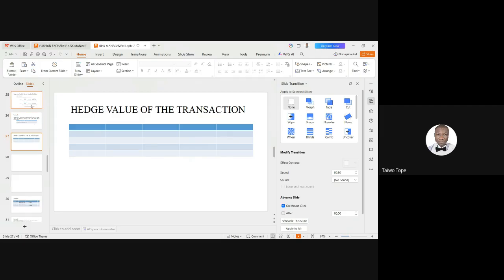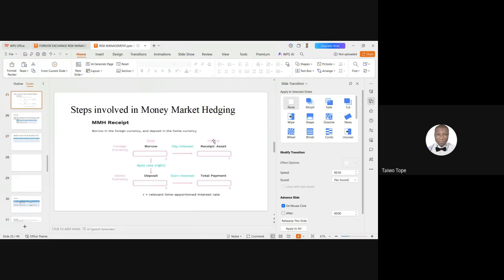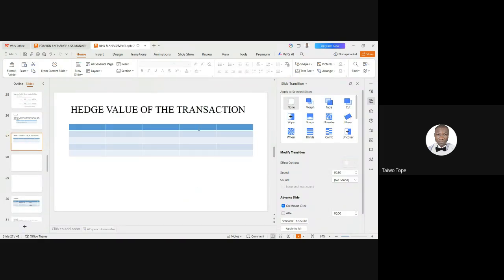So based on this format in your book, you can see receipt, right? In this receipt, write how much you are expecting to receive: 8 million. Write 8 million on this part of the box.